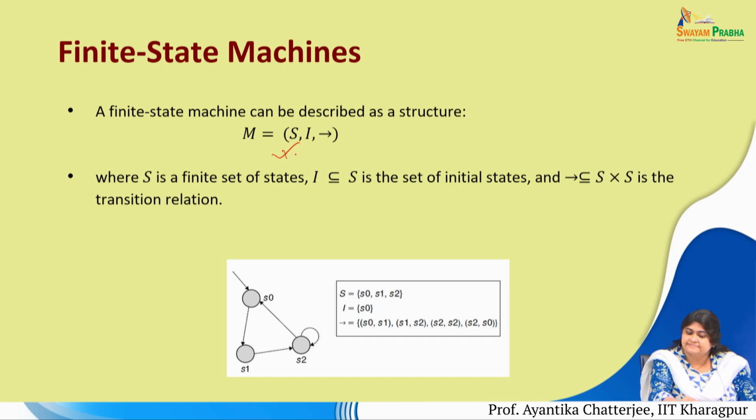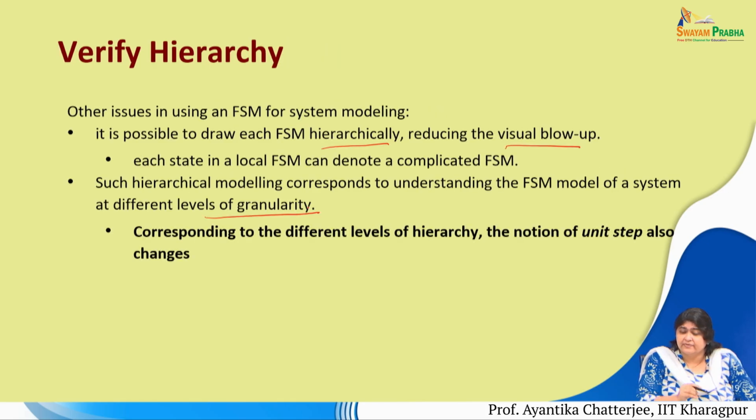One is the state, and with hierarchical representations, the blocks must be verified and validated separately, because timing wise and functionality wise, they may not be the same. The challenge here is that corresponding to the different levels of hierarchy, the notion of unit step also changes. So, the granularity will also change.